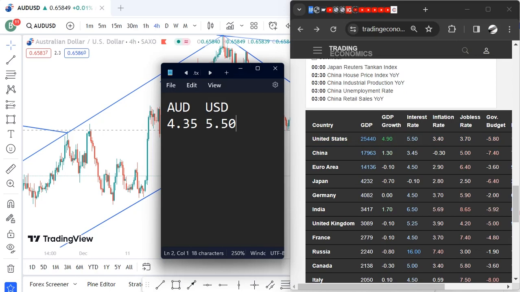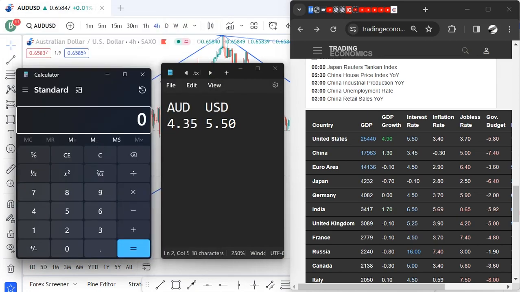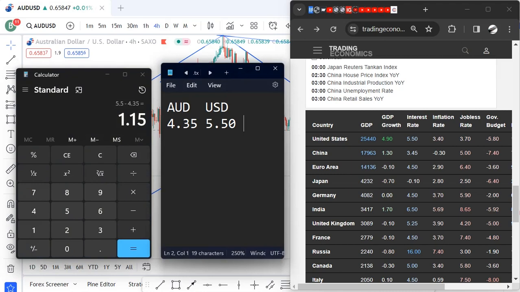Now ask yourself, what is the difference between these two interest rates? Let's pull out a calculator and do that. 5.50 subtract 4.35. So the difference is 1.15. So this is now the interest rate differential.